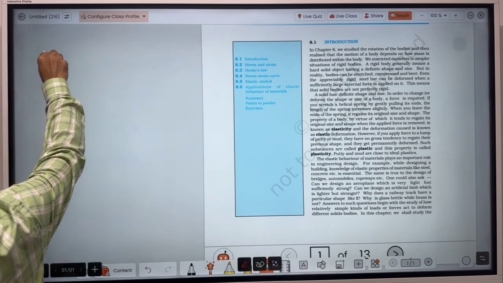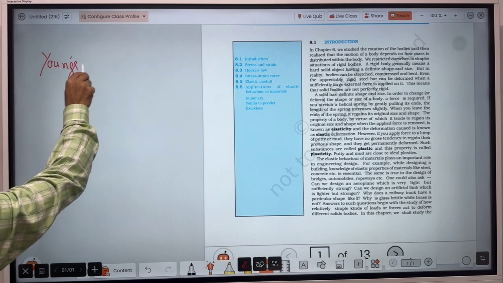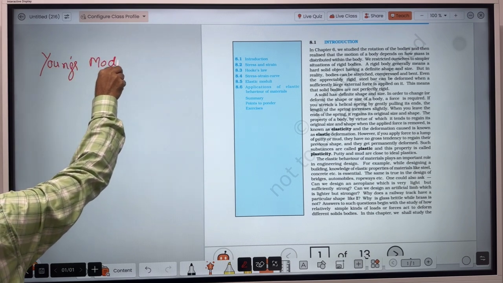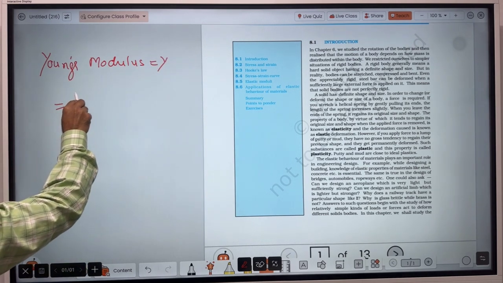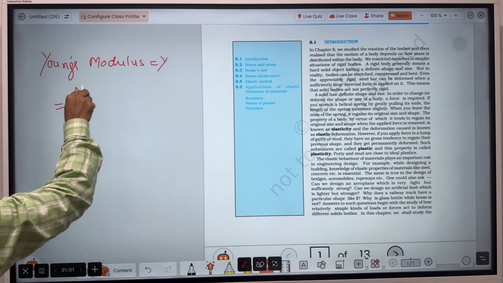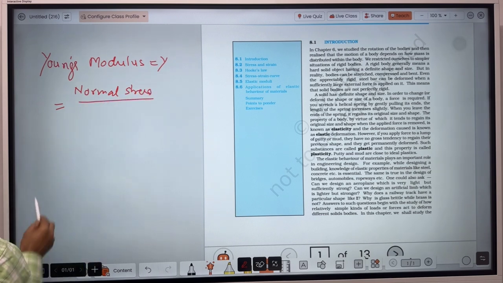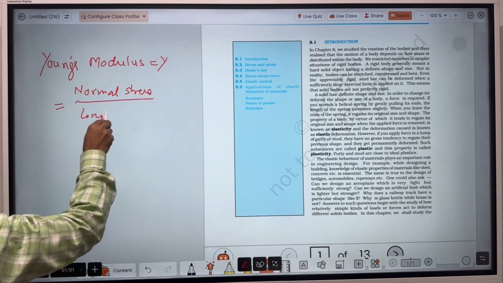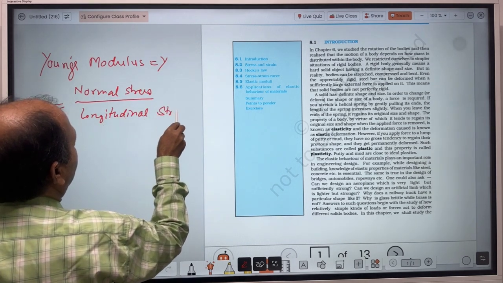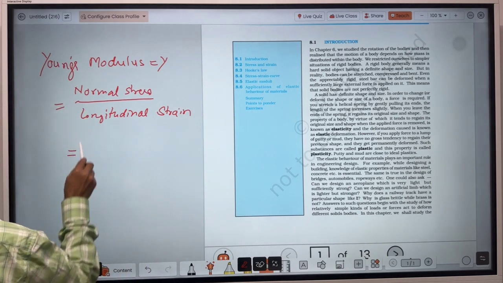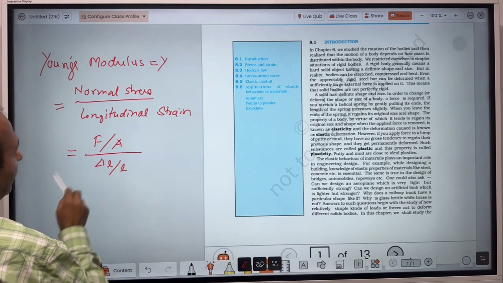Like when we talk about Young's modulus, YOUNG'S, Young's modulus, denoted as Y. So this will be equal to stress, normal stress, divided by longitudinal strain. So normal stress is force upon area divided by delta L upon L.